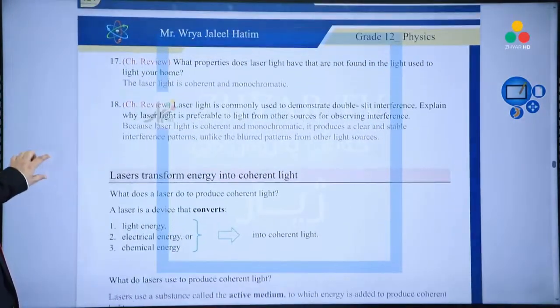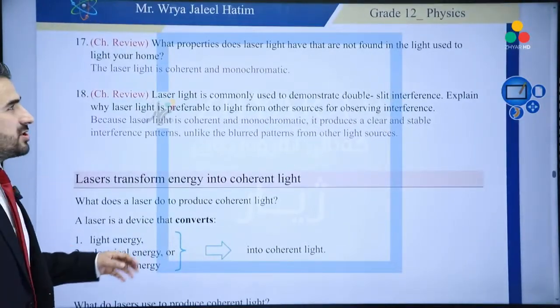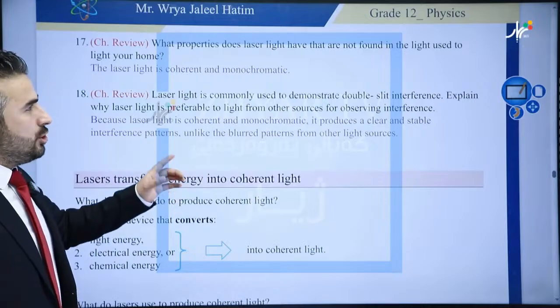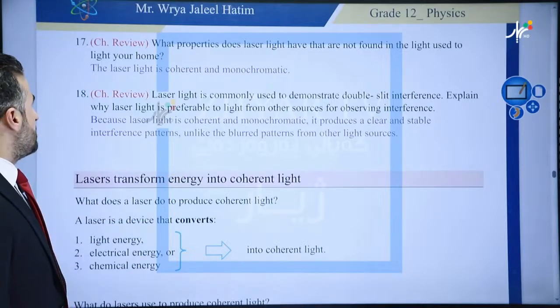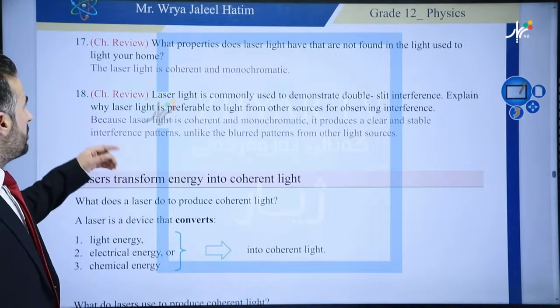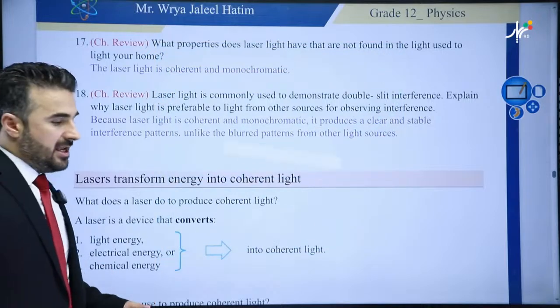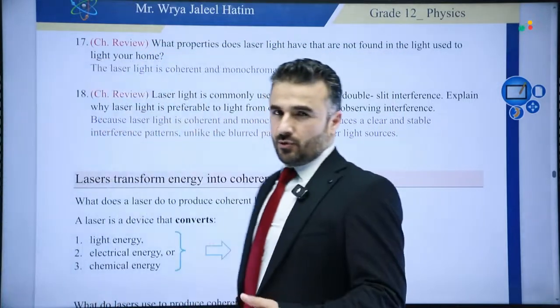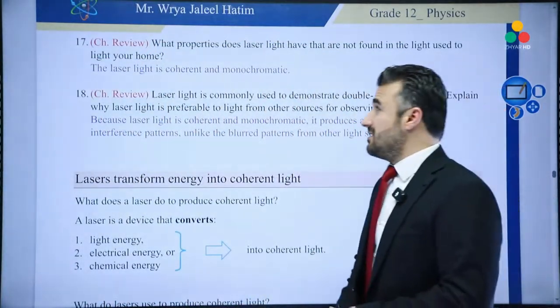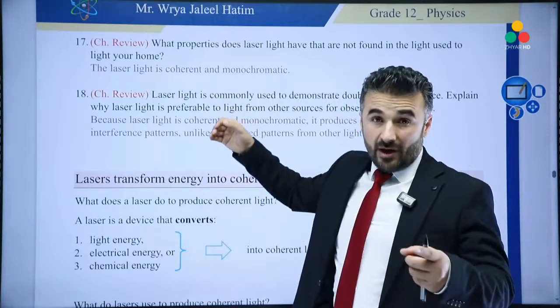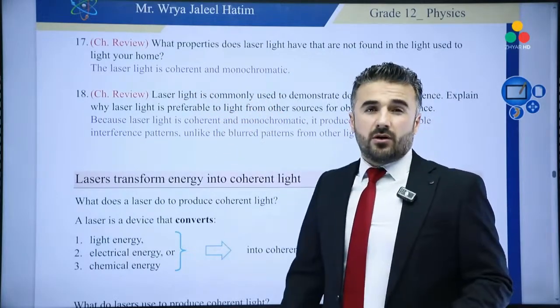One of them says, what properties does laser light have that are not found in the light that is used to light your home? We said a few properties are that laser light is coherent, and it is monochromatic as well.